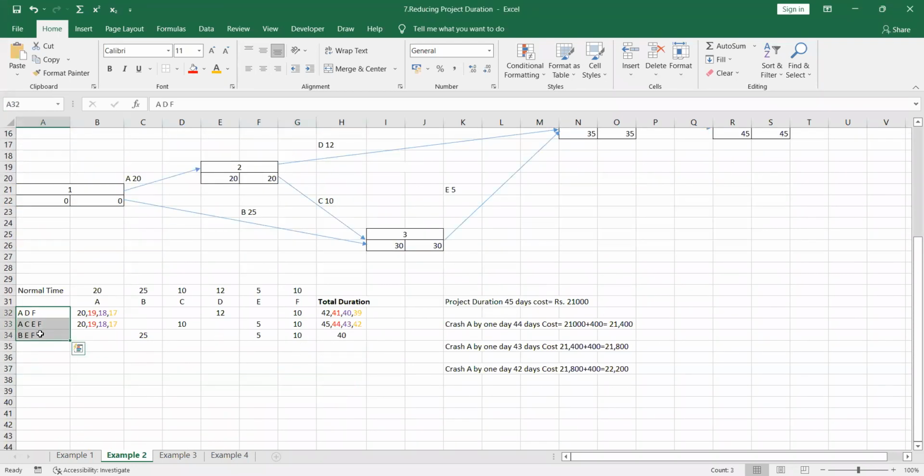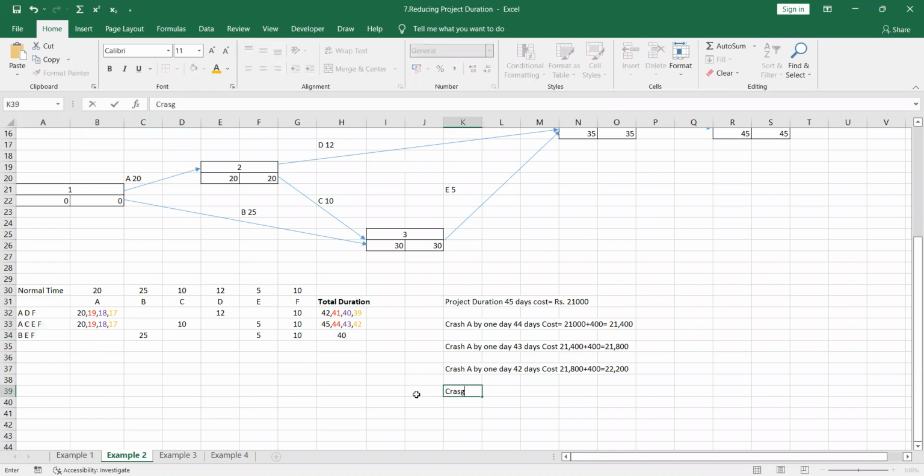But can you see the E activity is not common for all these 3 paths. Now this E activity is not a common activity for all three. In ADF there is no E activity. Because of that we cannot crash the maximum crash of 3. So I will take only one, right?